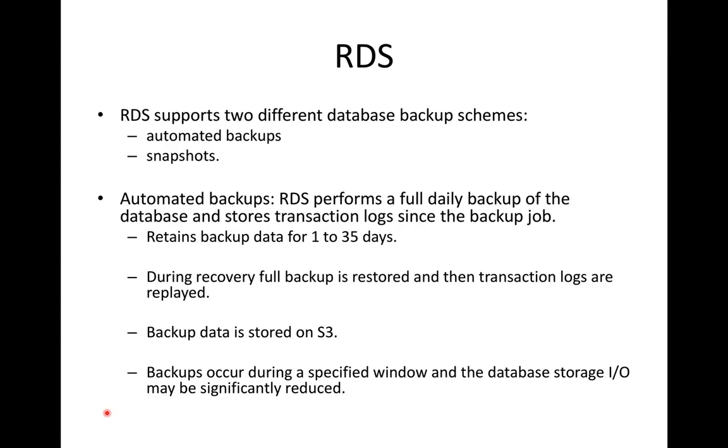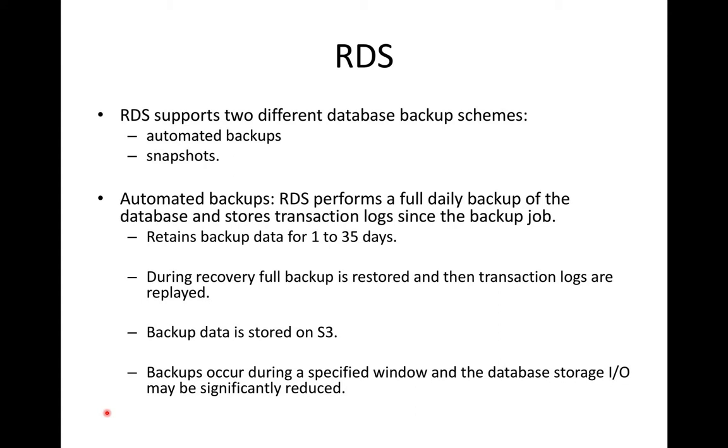Now, one of the big concerns when you're working with a database is how do I back up the data in the database? And in the case of an emergency, how do I recover data from my backups? How do I recover that data into my production database? Well, the RDS service supports two different database backup schemes, both automated backups and snapshots.